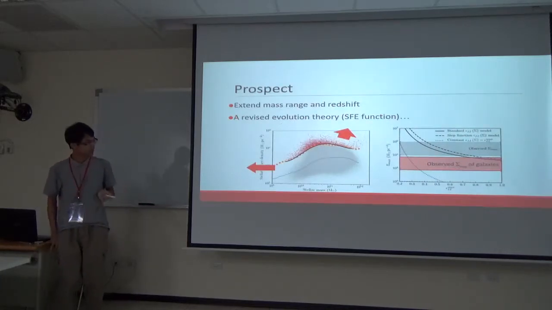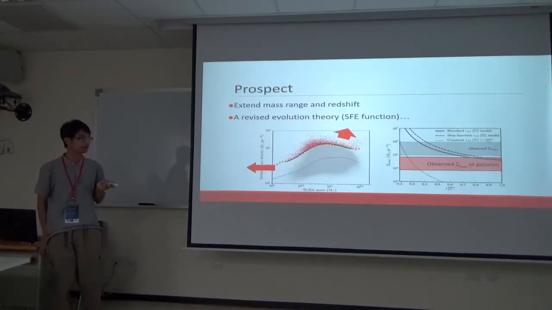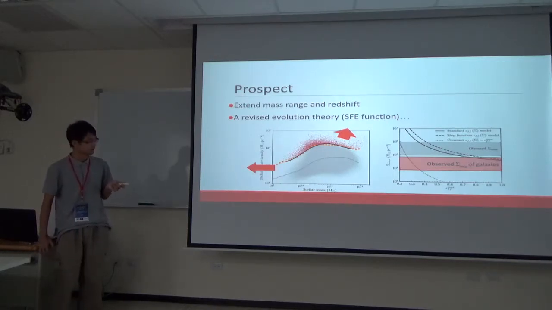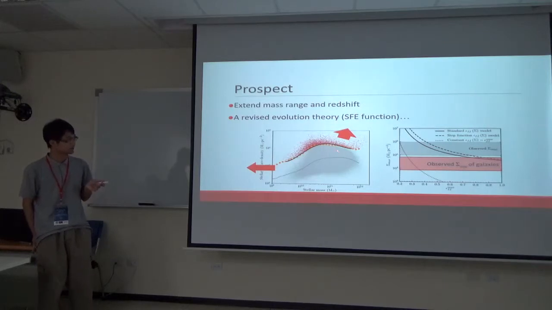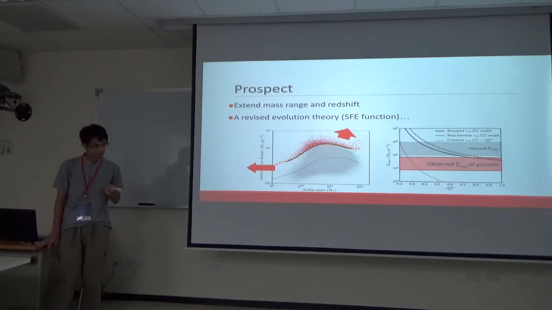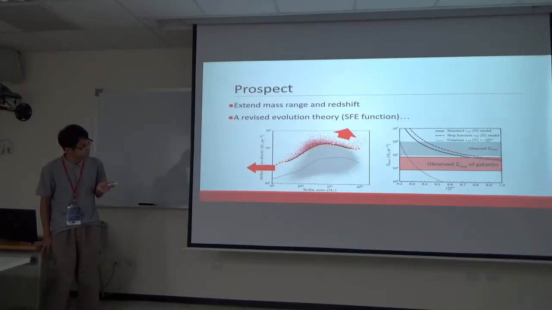So the first step of this study is, because I just used the local galaxies in SDSS, to extend the mass range to lower mass galaxies and high redshift galaxies to check if this mass dependency continues.